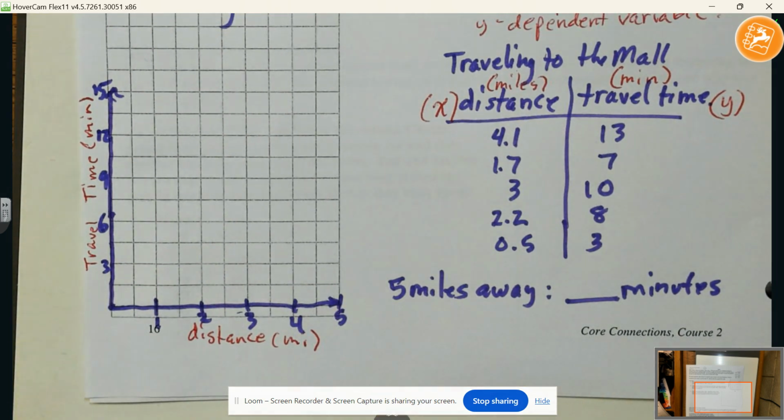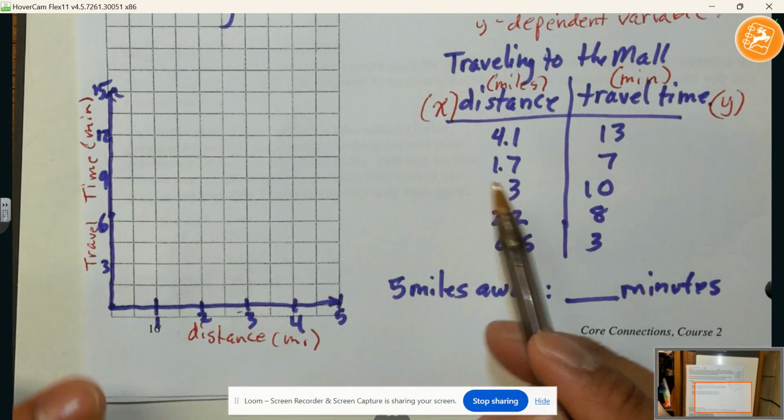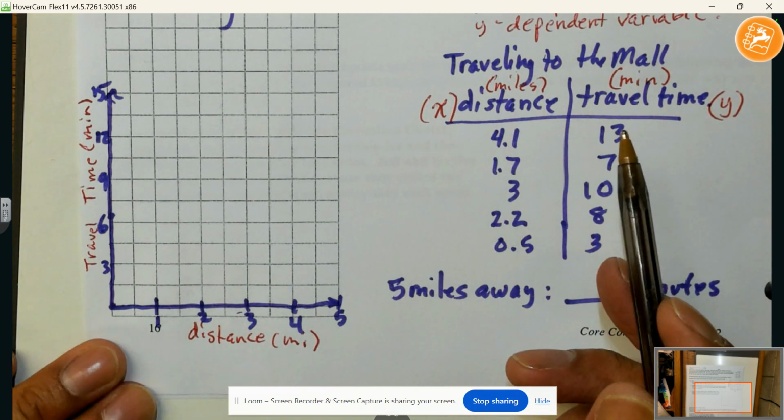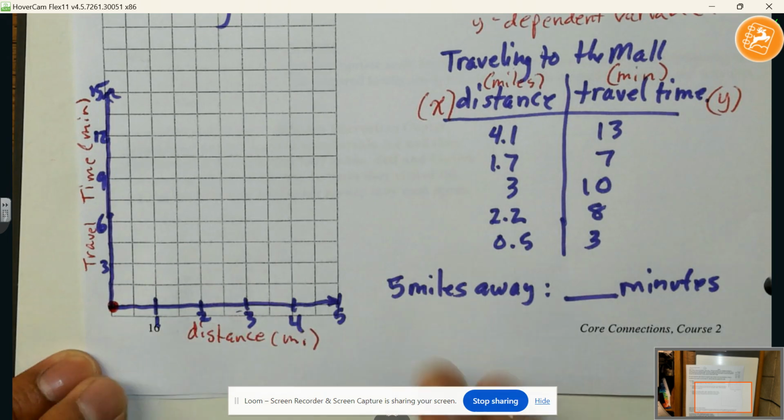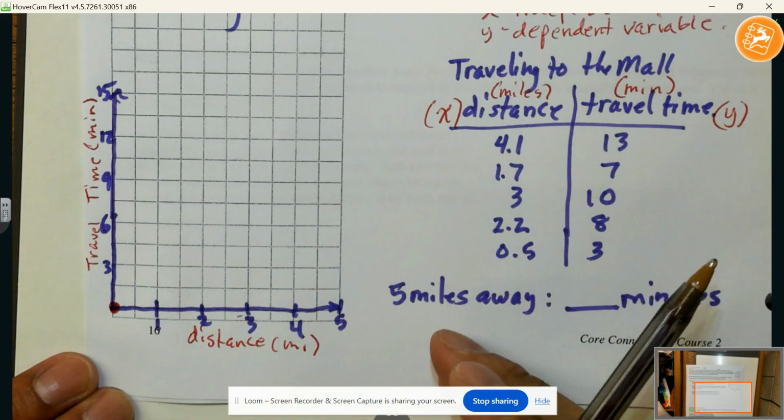Now let's start graphing these points and then see if we can make a line of best fit. Where will we start? If the distance is 0, will we travel 0 minutes? That is true. So we're going to start this graph at 0. Go ahead and graph those points.